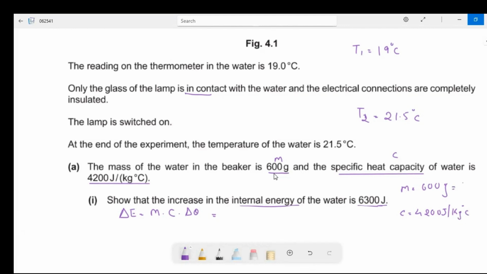So we can write it as 0.6 kilogram. And what is the change in temperature? That is 21.5 degrees Celsius minus 19 degrees Celsius. So it is 2.5 degrees Celsius.